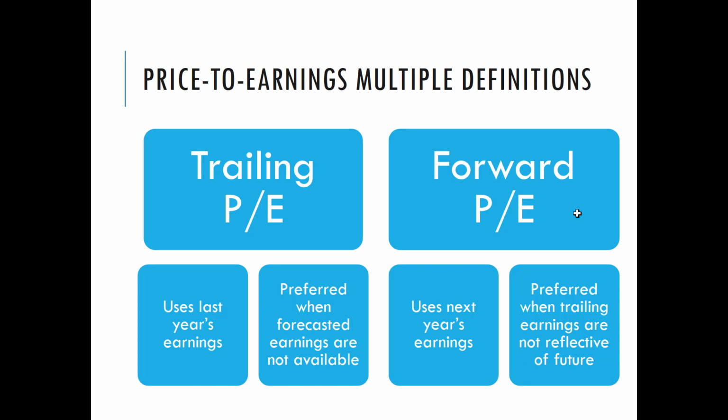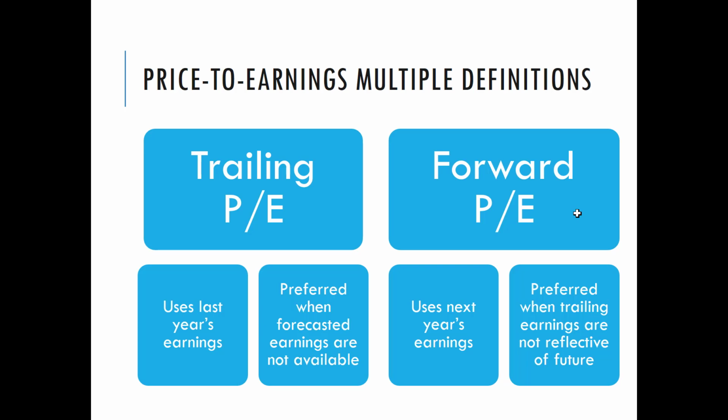Again, generally speaking, if there's no big difference between last year's earnings and next year's earnings, it's not going to matter which one you use. But if you do know that the company is changing drastically from last year to next year, then you need to always use a forward multiple, because when you expect huge change, the market is going to be valuing the firm based on the changed conditions that are going to be occurring in the future.